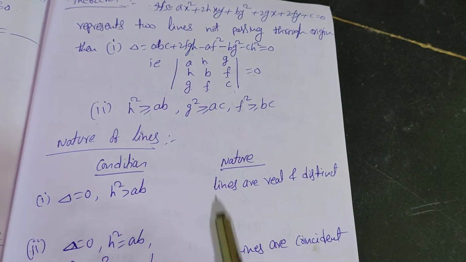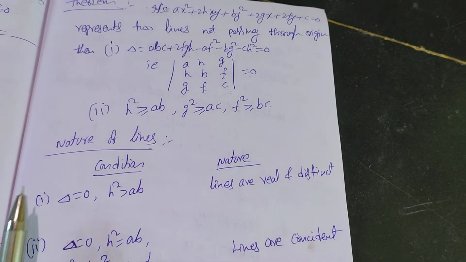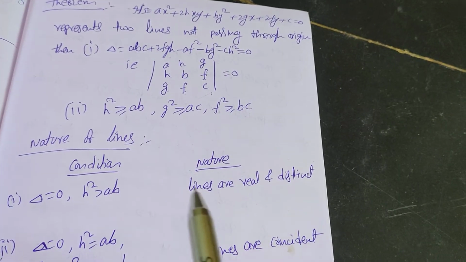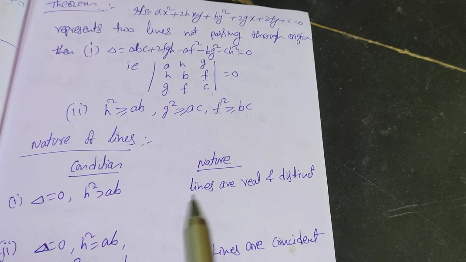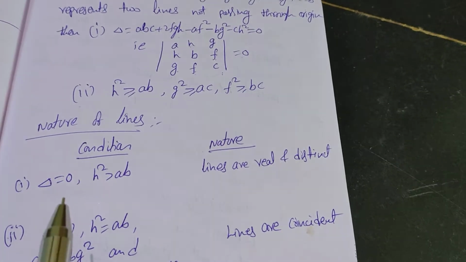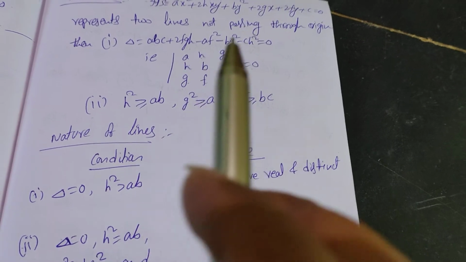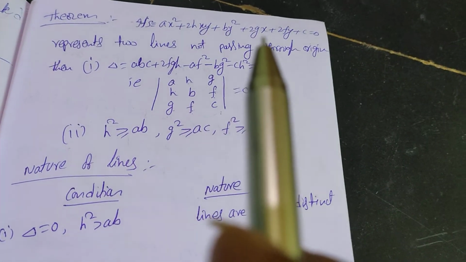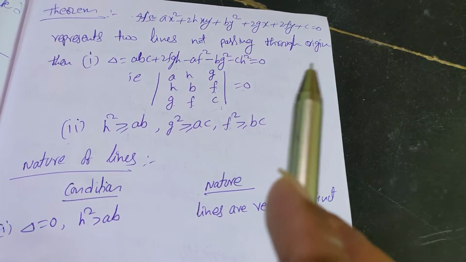Already I gave the formula, conditions and nature for the homogeneous equation, that means ax square plus 2hxy plus by square is equal to 0. This one is for ax square plus 2hxy plus by square plus 2gx plus 2fy plus c is equal to 0.